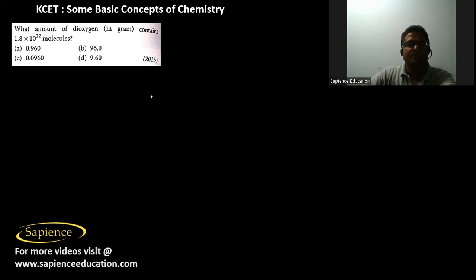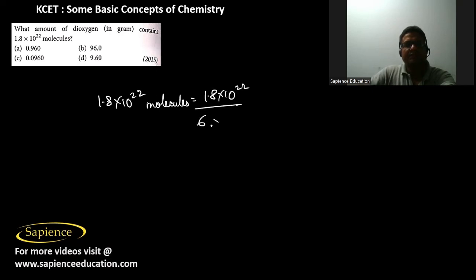Then here it is told: what amount of dioxygen in gram contains 1.8 into 10 power 22 molecules. Now, 1.8 into 10 power 22 molecules means it is 1.8 into 10 power 22 divided by 6 into 10 power 23 moles.